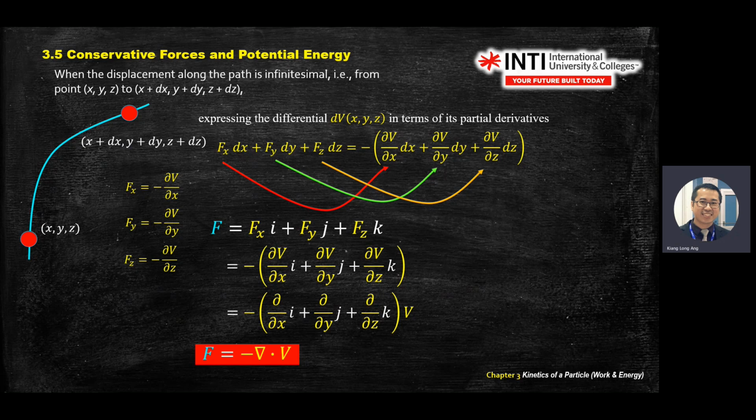So I'm just introducing you to the new symbol, the inverted triangle. It means partial differential with respect to your i, j, and k unit vectors. They are called vector operations. You will see this in higher level calculations, for example Gauss's equation, fluid dynamics, and all this.